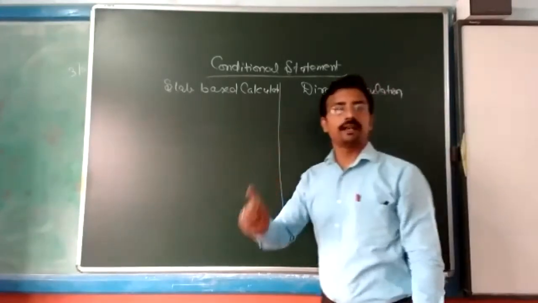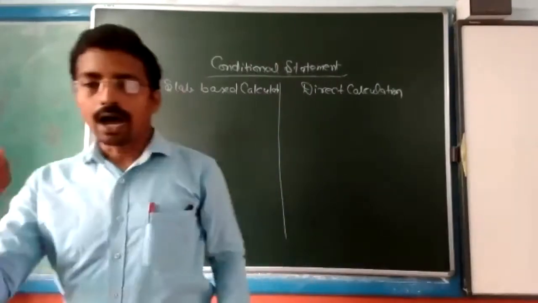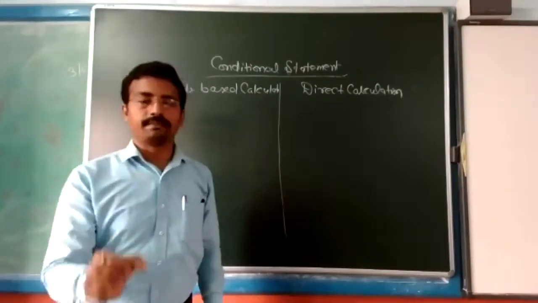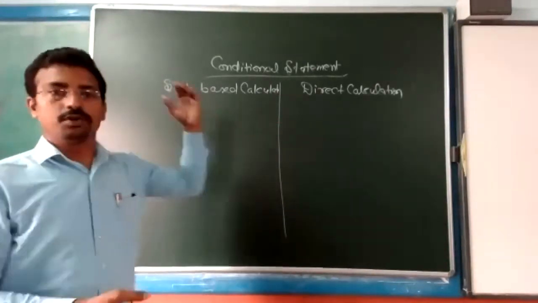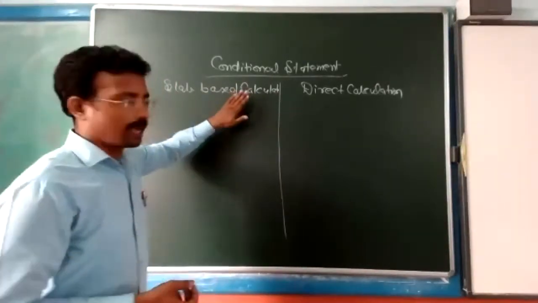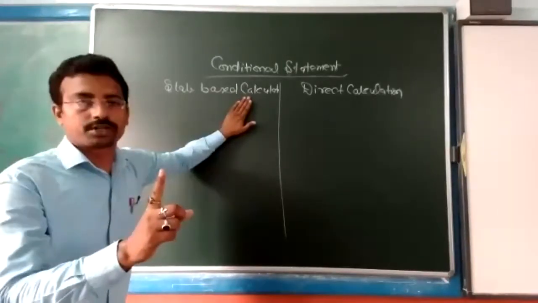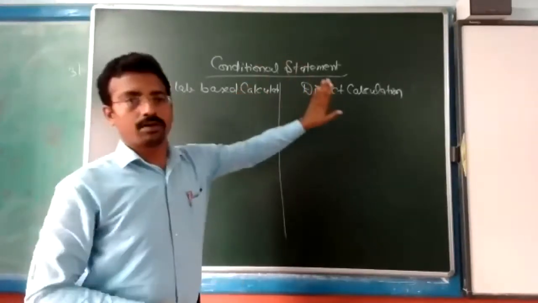These two categories of programs are part of your examination paper, and from now till your board paper you will surely get at least 150 marks of questions related to either this or this.